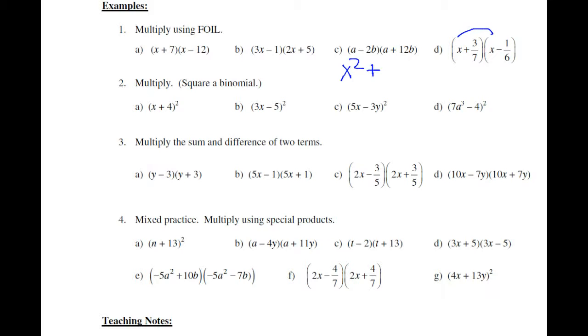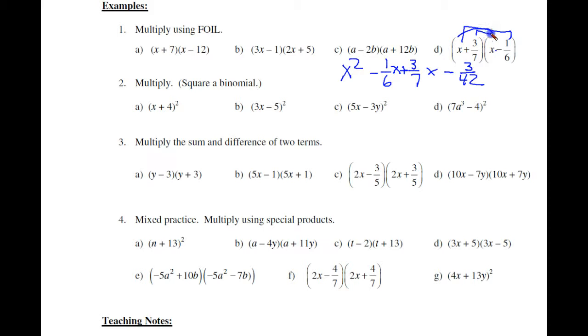When we do our outers, we get a negative 1/6x.